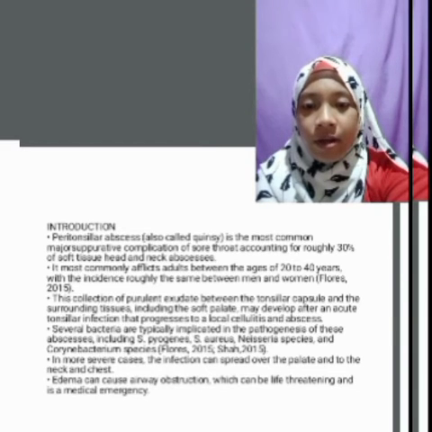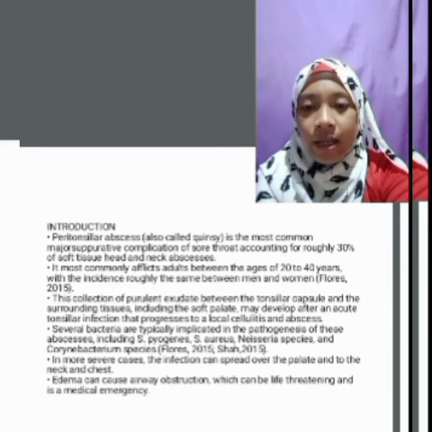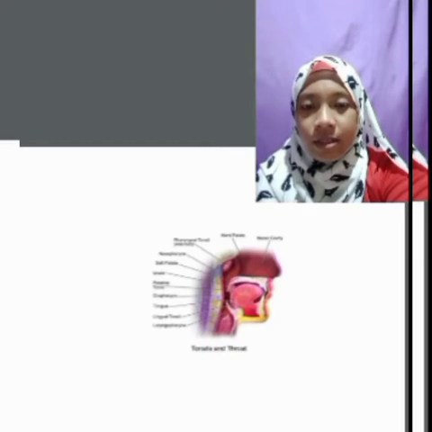In more severe cases, the infection can spread over the palate into the neck and chest. Edema can cause airway obstruction, which can be life-threatening and is a medical emergency.